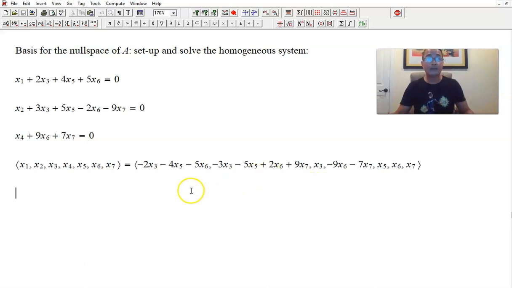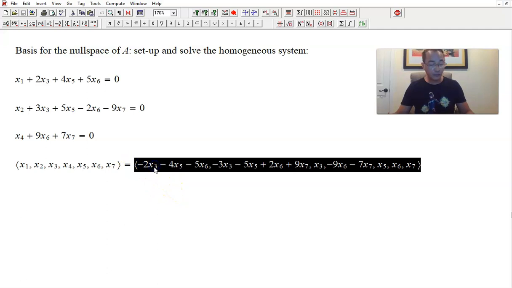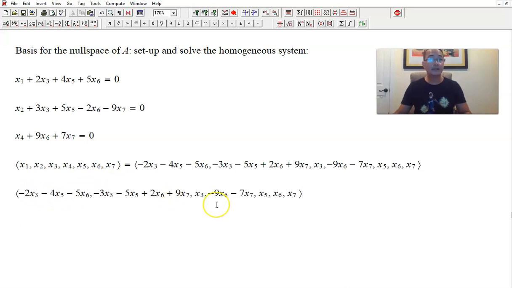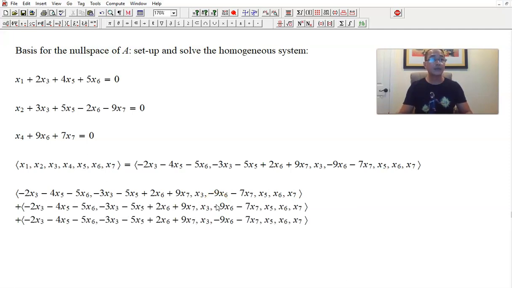So now we're about to see why that's true. I am going to make 4 copies of this single vector. So we have this, plus another copy, plus copy, and plus copy. Okay, just to save some time.